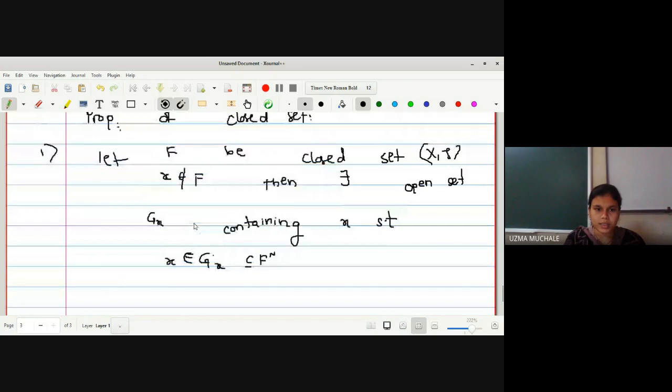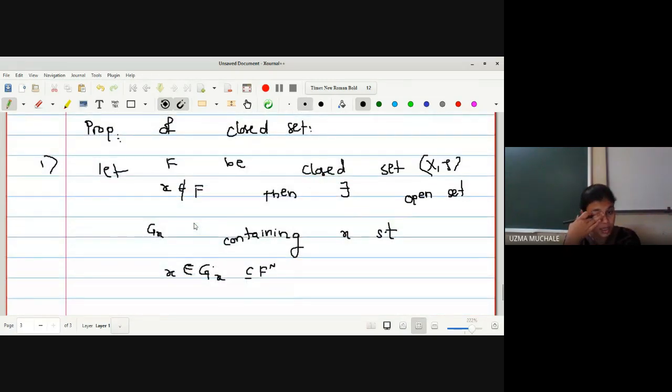Okay, what is the statement? Let F be the closed set in X2 and small x is not a member of capital F. We have one element which is not a member of F, and there exists an open set Gx which contains x and which is contained in the complement of F.